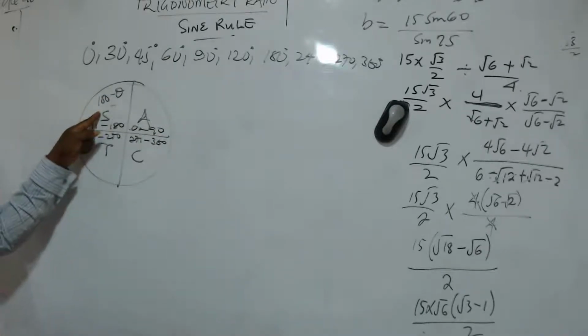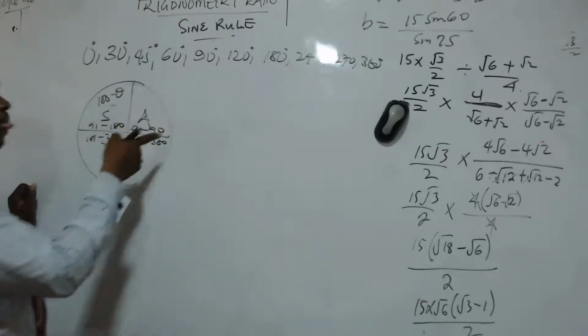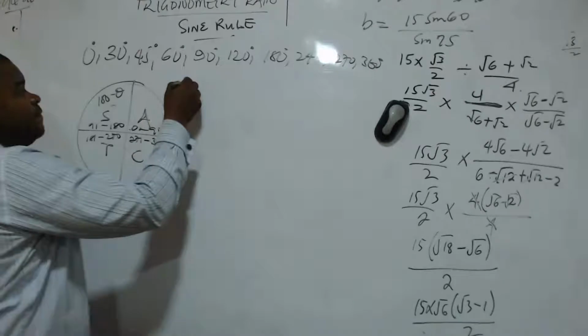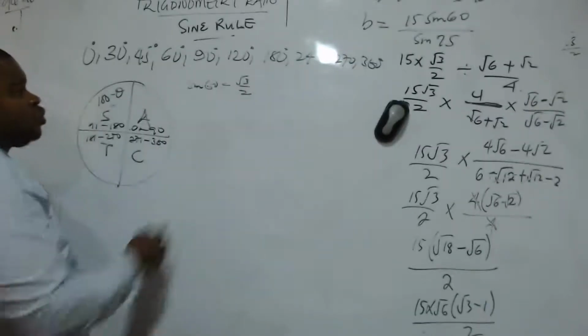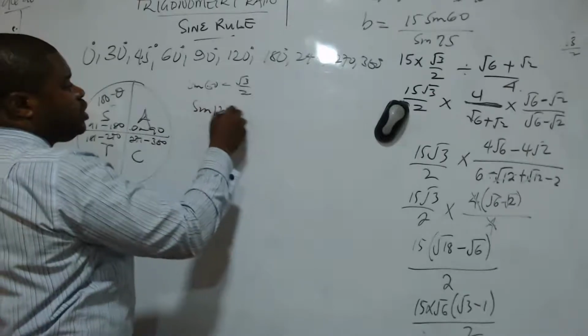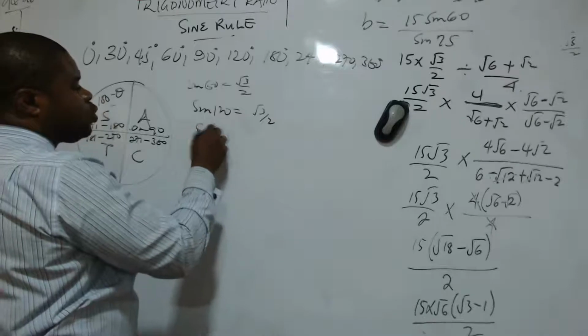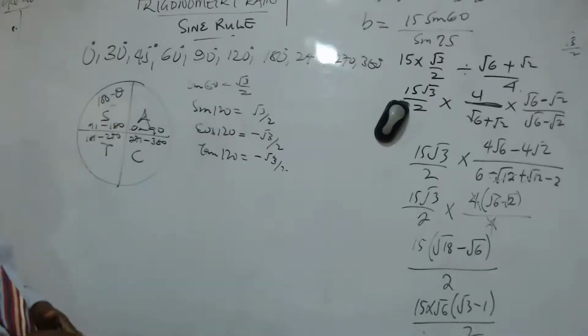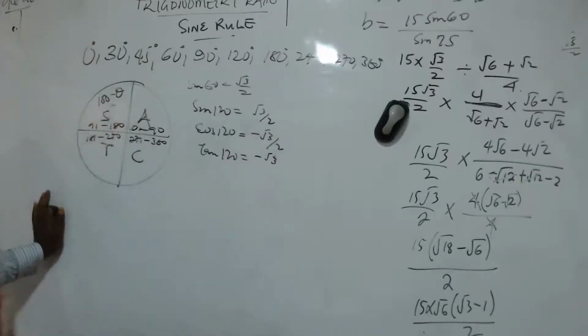So the value of this now, only sin there is positive. Now, for the value of sin 120, we said sin 60 is root 3 over 2. So sin 120 will be root 3 over 2. Cos 120 will be minus root 3 for that.